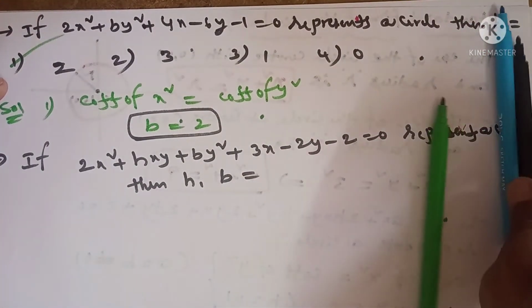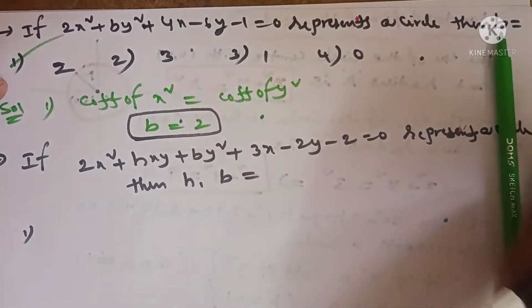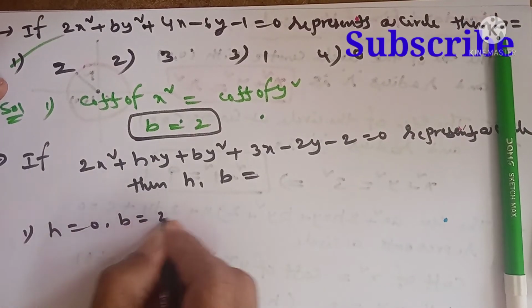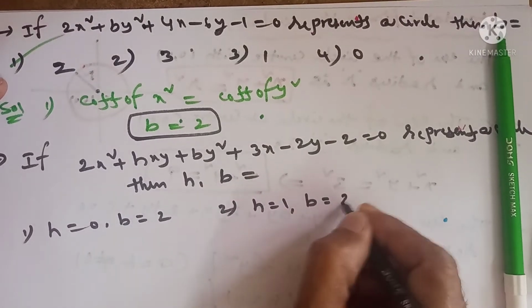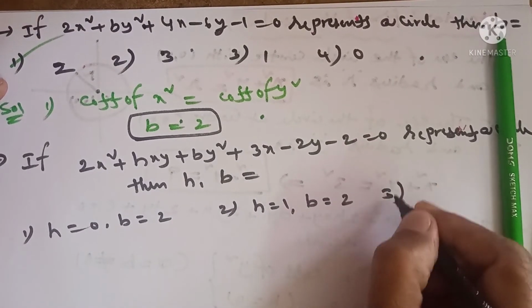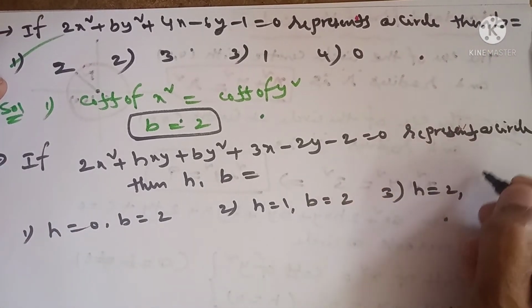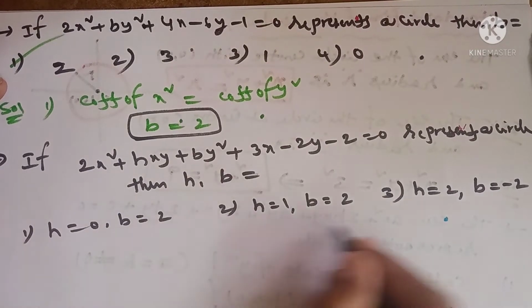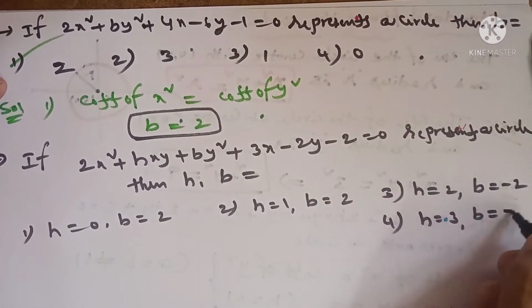Options are given like that. The first one is h is equal to 0, b is equal to 2. The second one is h is equal to 1, b is equal to 2. The third one is h is equal to 2, b is equal to minus 2. And the fourth one is h is equal to 3, b is equal to minus 3.